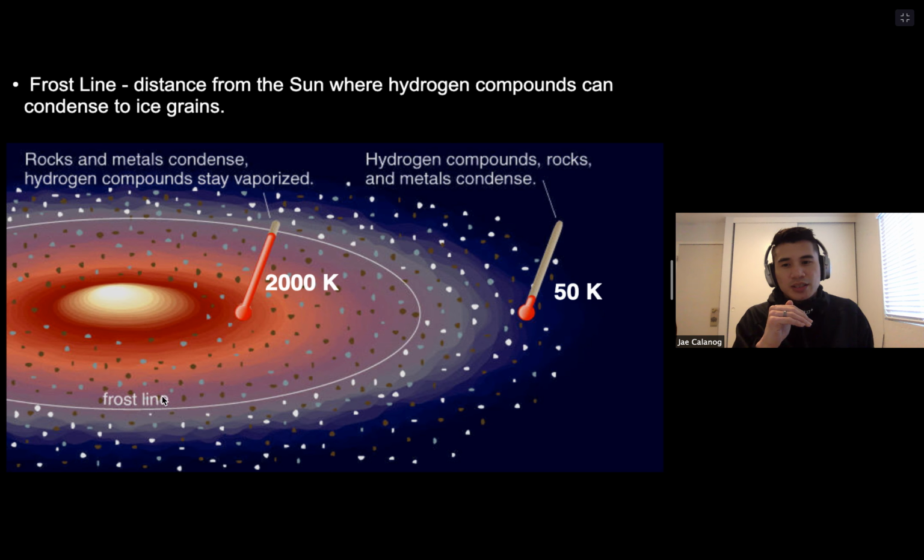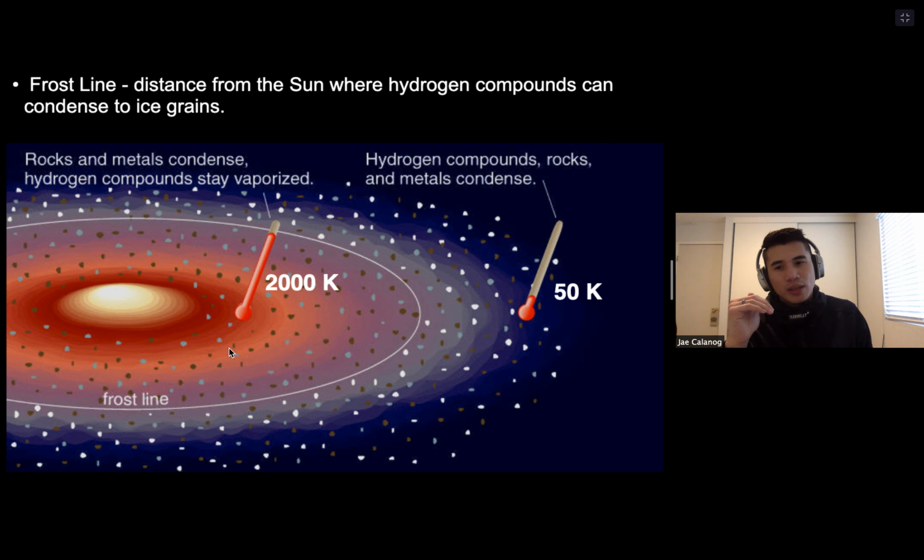There is an imaginary boundary called the frost line, which is the distance from the sun where hydrogen compounds can condense, or become solidified. That's at about 50 degrees Kelvin.